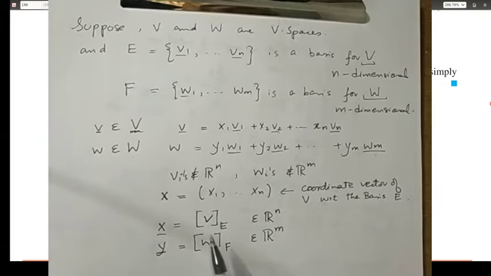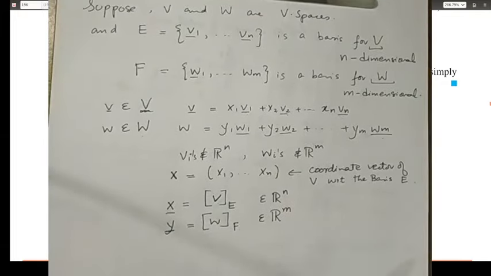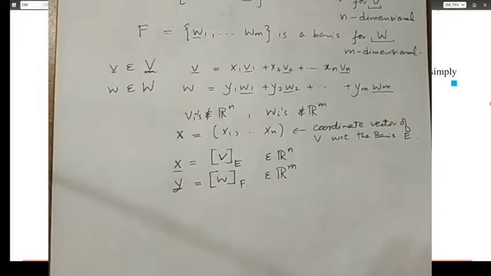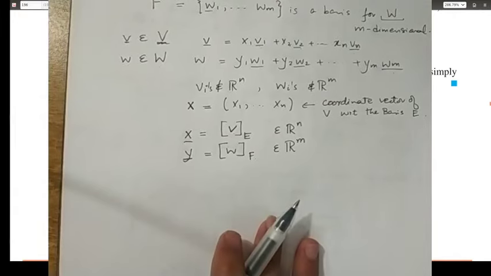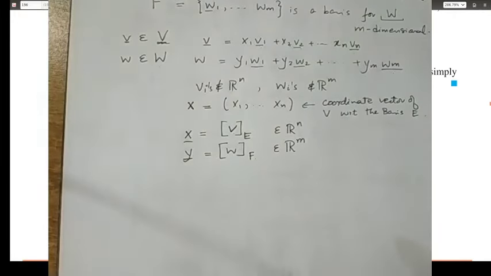So this gives us an idea that maybe we can find some matrix A that goes from Rn to Rm, and here's the theorem that I will state before I prove it.